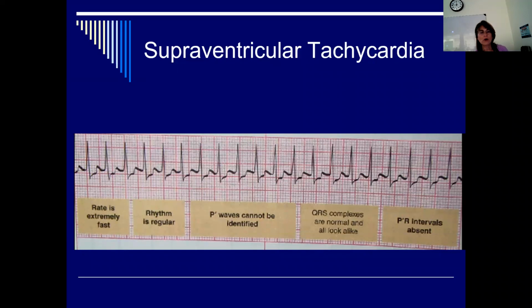So I wrote down, how do we know the impulse originated somewhere in the atria? And the answer is because the QRS is normal.